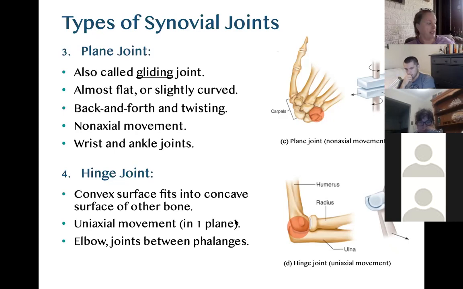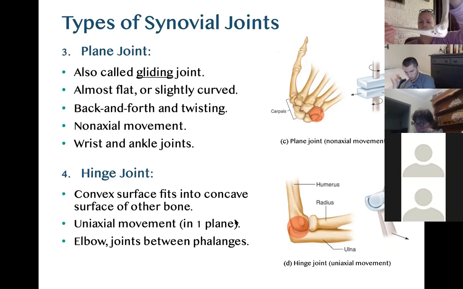And then you have the hinge joint, which is what you see here at the elbow. You can't just circle around the bones of your lower arm; it's a more limited range of motion. As we examine the elbow, I just have the ulna fitting in with the humerus.